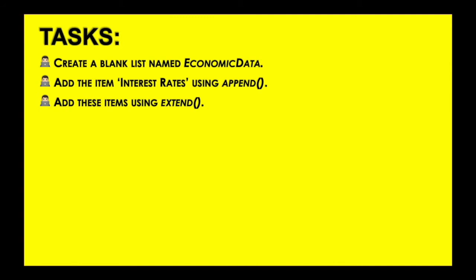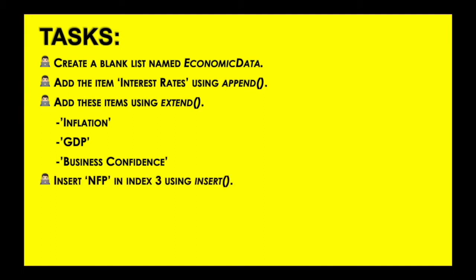The third task here is to add items using extend, and the items to be added are inflation, GDP, and business confidence. The fourth task, let's do it after this third task.